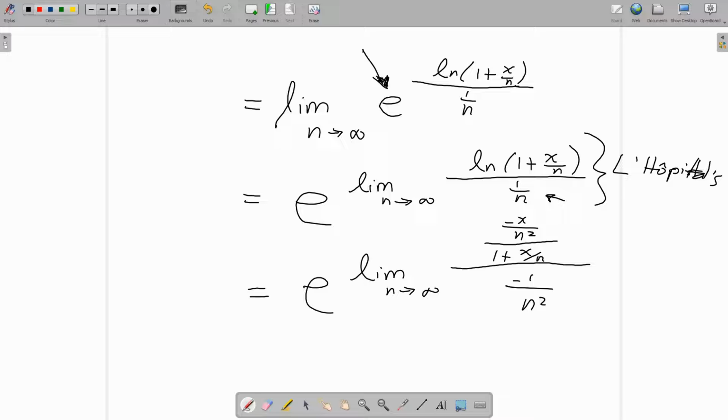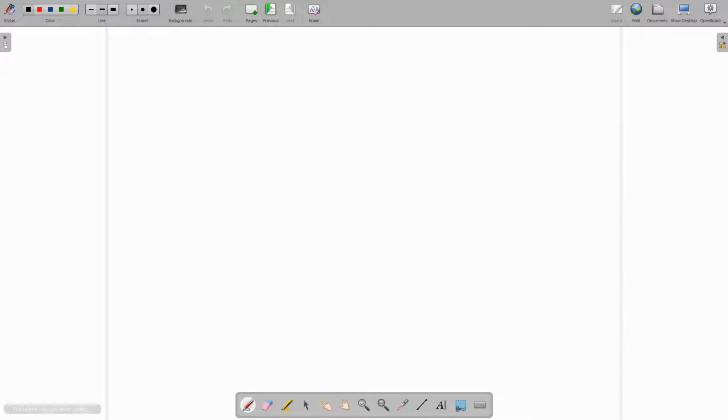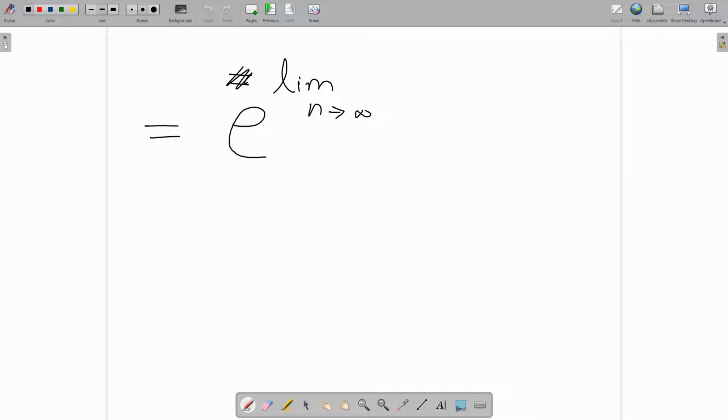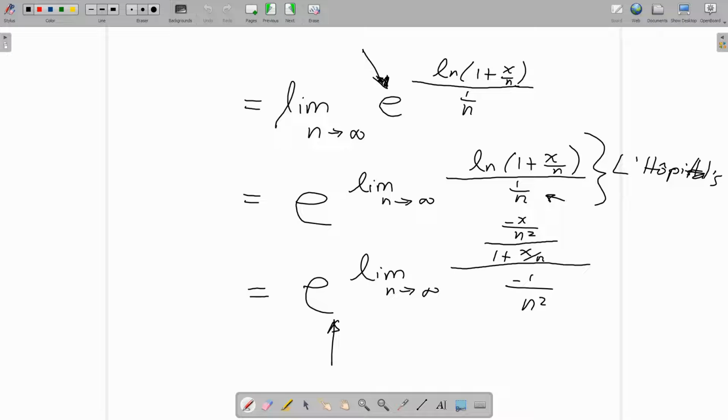By the way, we have a base e here. So we have a fraction divided by another fraction.